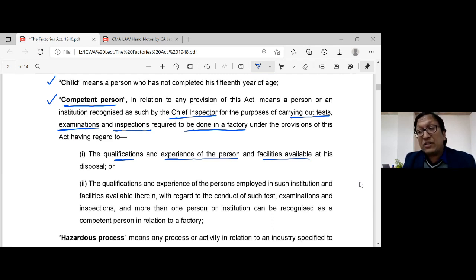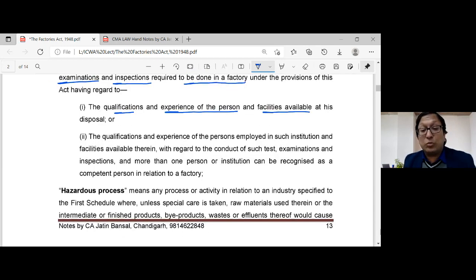If an occupier, meaning the owner of the factory, says that he has employed qualified people on a particular job, competent persons can check whether the employed person is in reality qualified, and whether the facilities and safety standards that should be there are in reality available or only on paper.